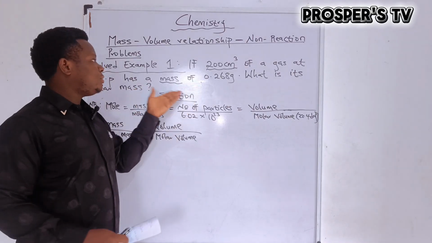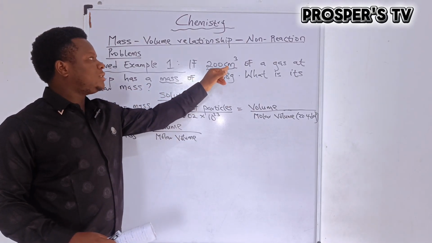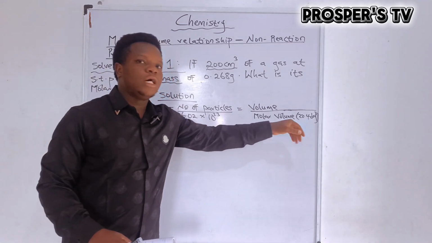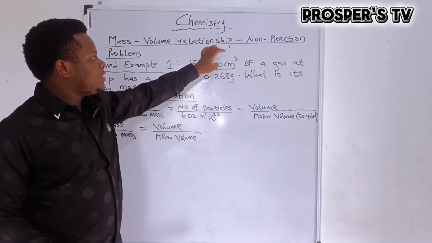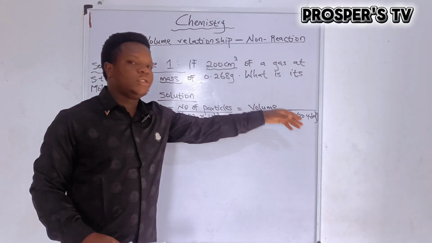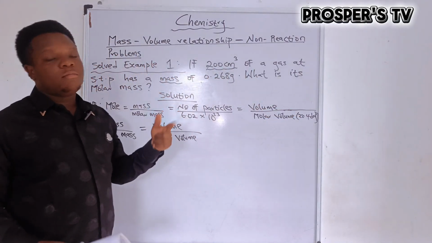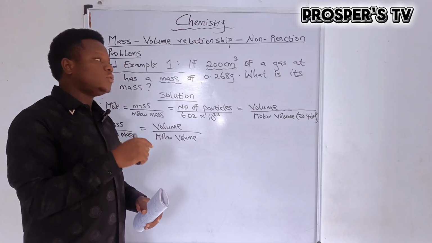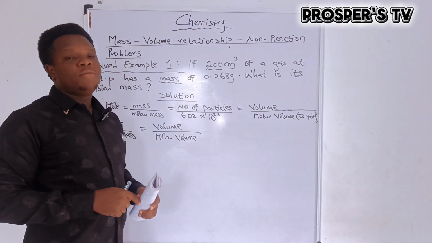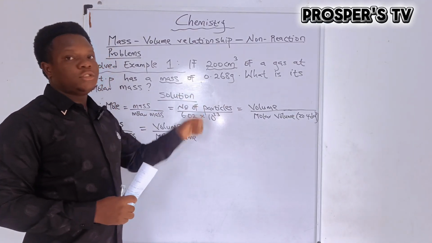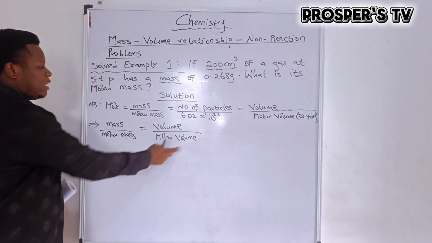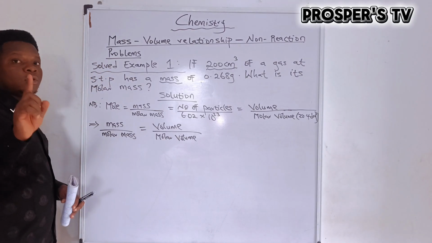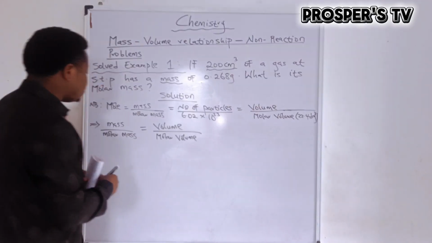So I'm treating this as a theory question. Since this is expressed in cm cube, I would just like to make use of 22,400 cm cube. If this was in dm cube, I would use 22.4 dm cube. But remember, if it were to be an objective question, it would be subject to the units in which the options are being expressed. So for this particular example, I'm going to be making use of 22,400 centimeter cube.